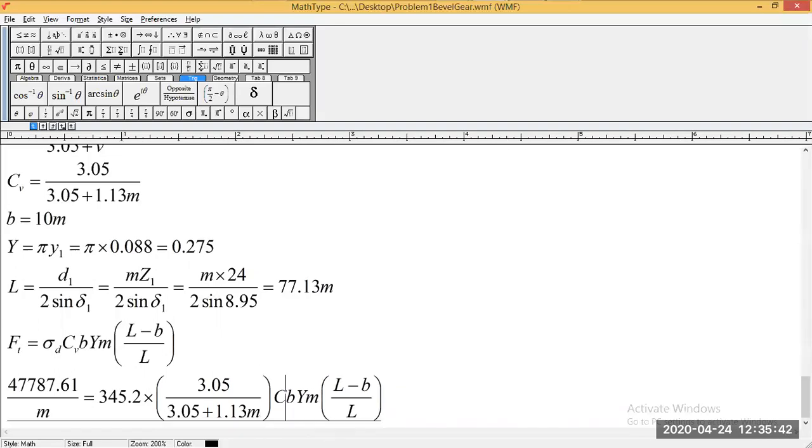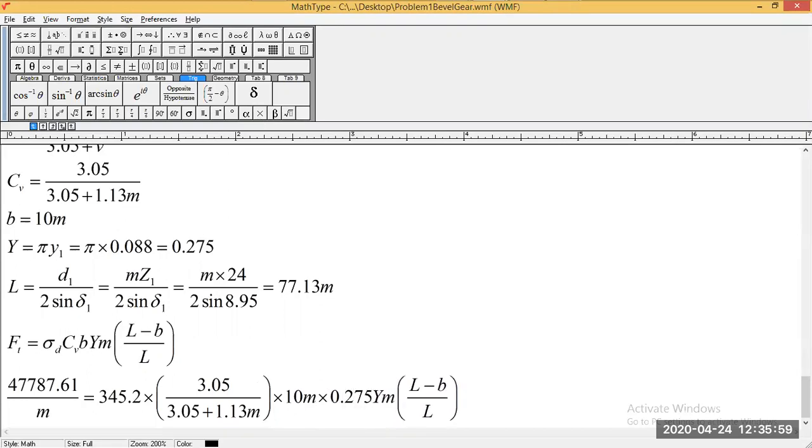Into CV is done. Then into B is 10m. Then into Y is 0.275 from above, m into L is 77.13m, into B is 10m. Then this is 77.13m.